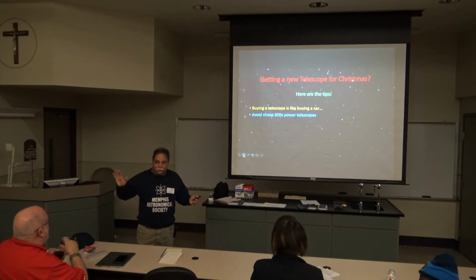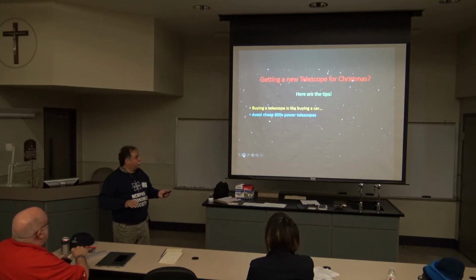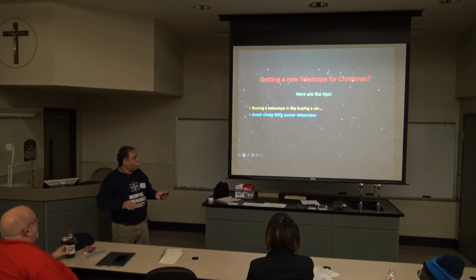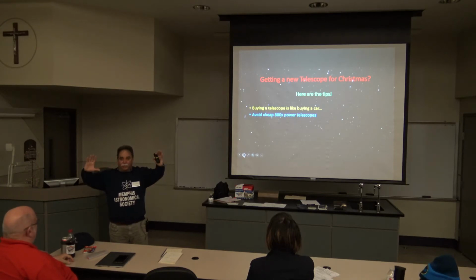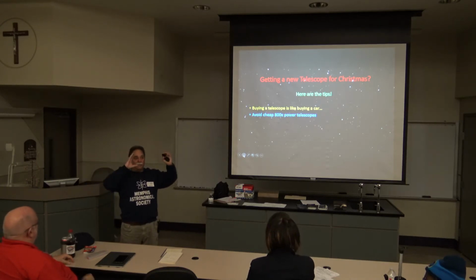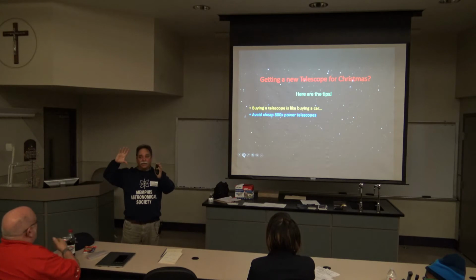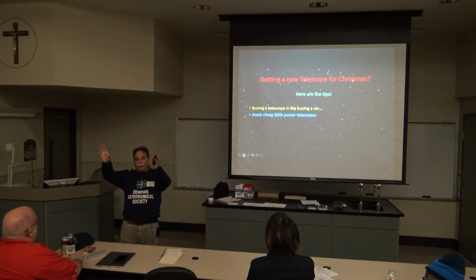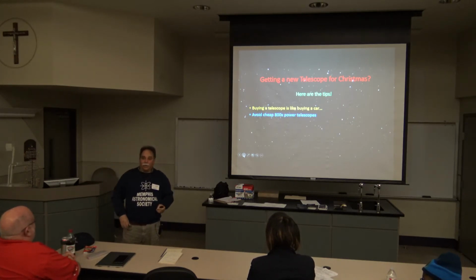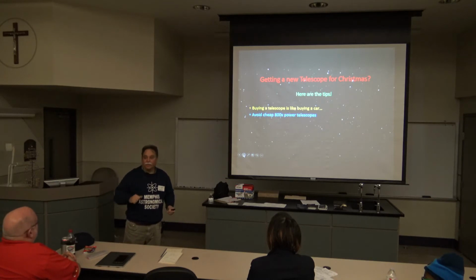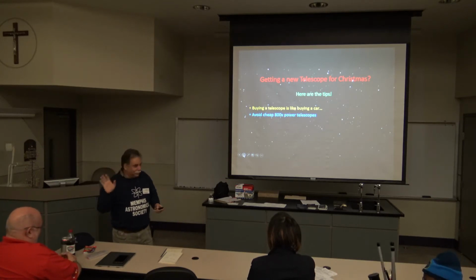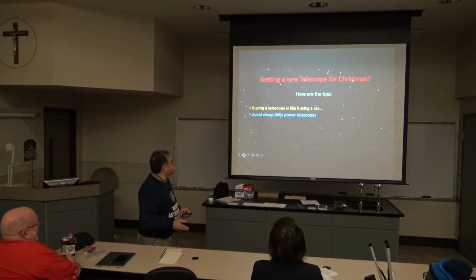One thing I can tell you, do not buy those cheap 800x power telescopes. On the box they put an image of Jupiter, an image of the Pillars of Creation taken with the Hubble, and you say, oh, I'm going to buy this, 800 power. No, don't buy that, please. Do yourself a favor.